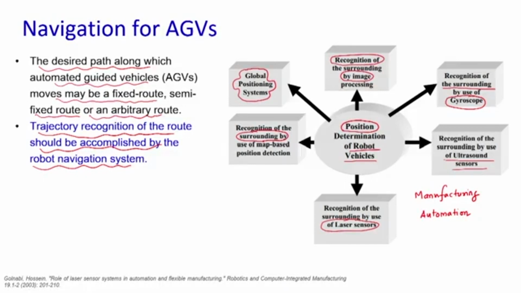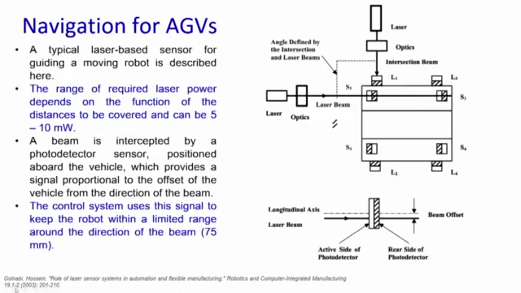There the lasers help us recognize the trajectory, and that data is given to the microprocessor based controller, which navigates the robot based vehicle in an efficient manner. Now, let us see how these laser based AGVs help.